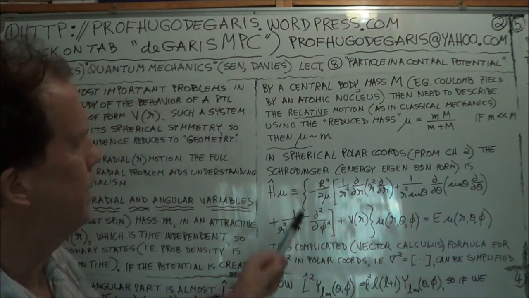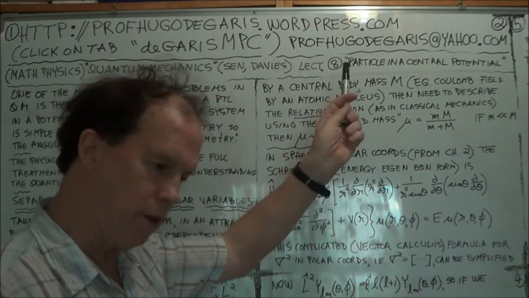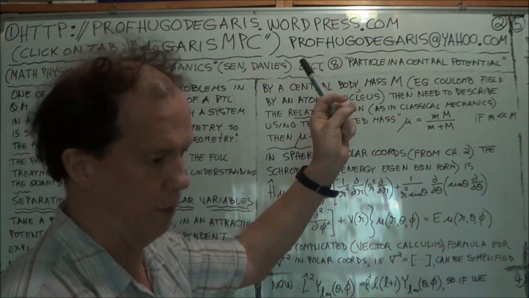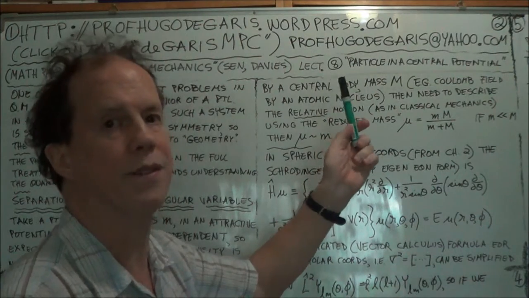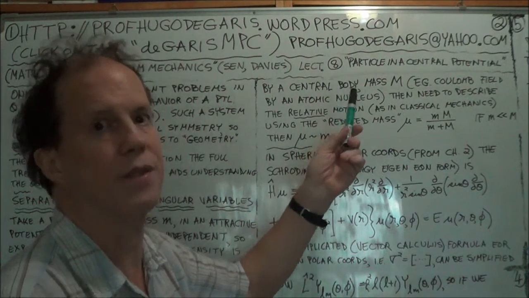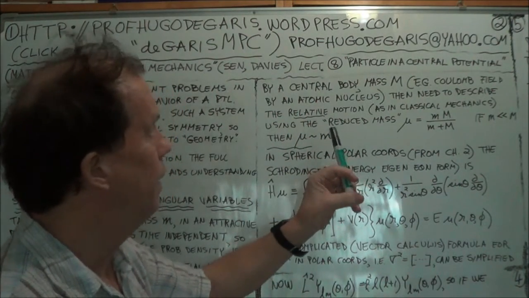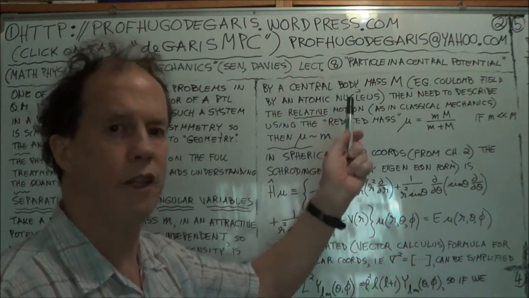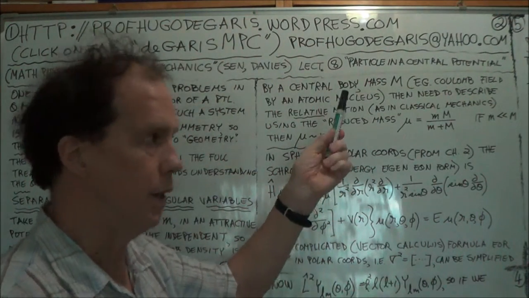Right? Now, in the simple case of a nucleus, let's say the hydrogen atom, the nucleus is just one proton, large mass compared to the electron, which is about 1,000 times lighter. The electron's quite light compared to the proton. So you have a relatively heavy nucleus and a light, small mass electron.